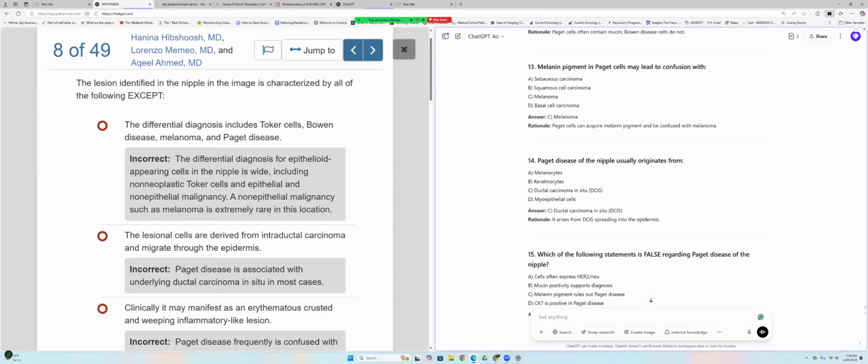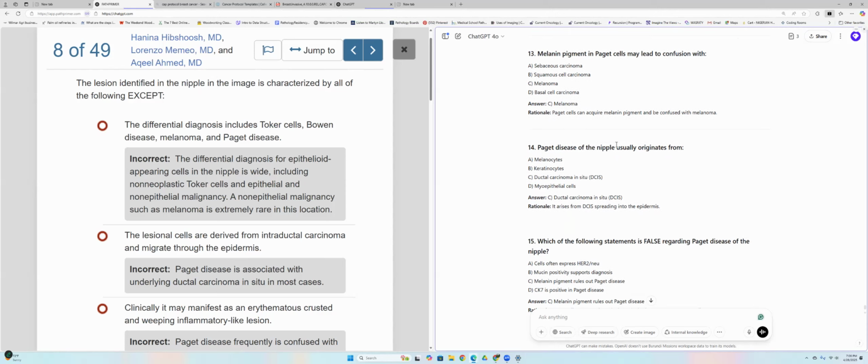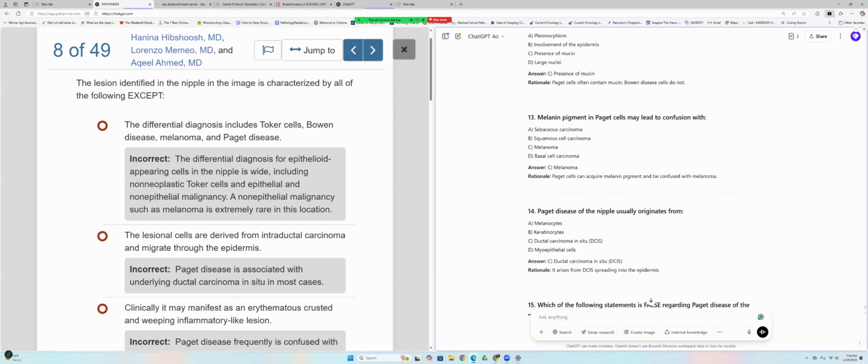Mucin. Melanin pigments in Paget disease may lead to confusion with what? Number 13. Many people confuse it with melanoma.